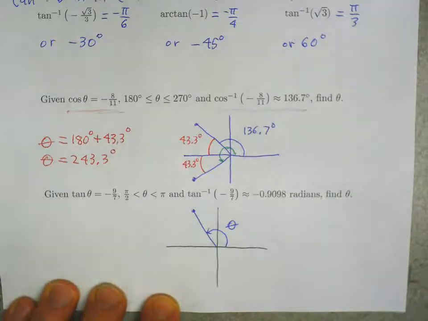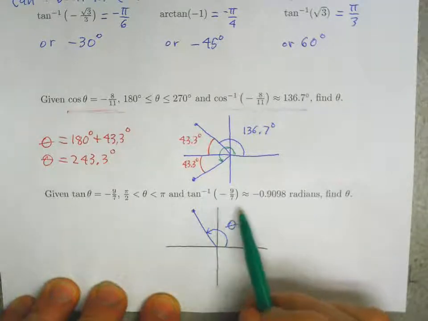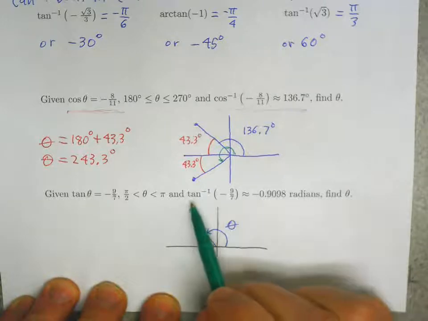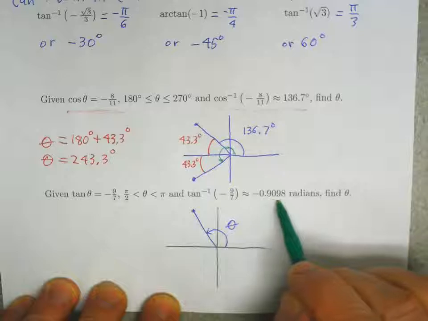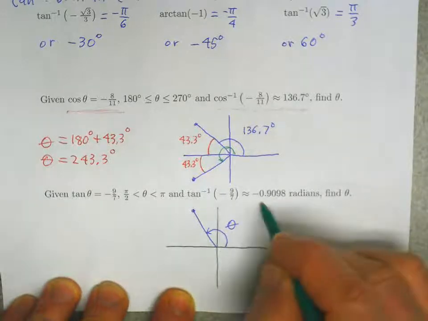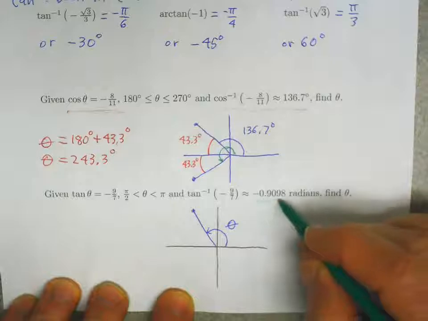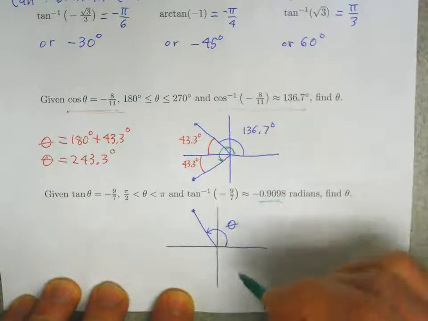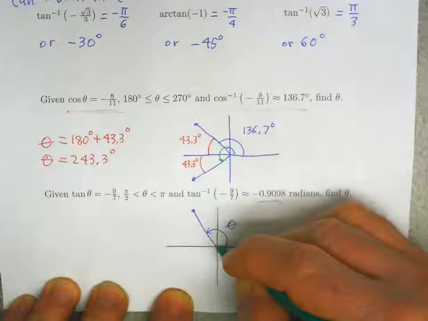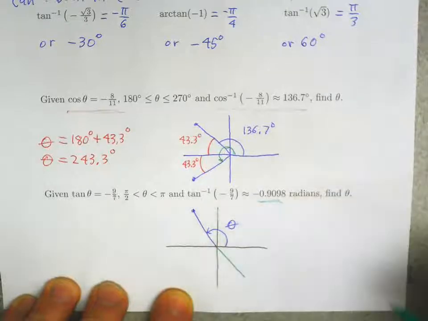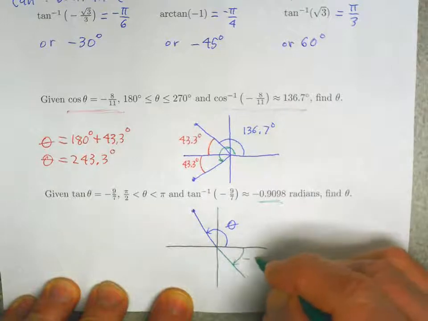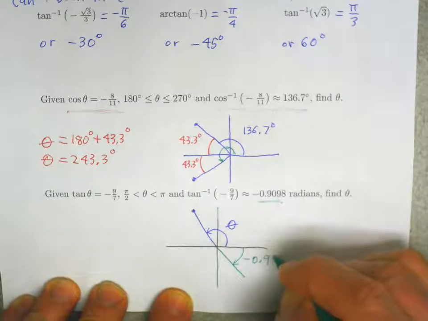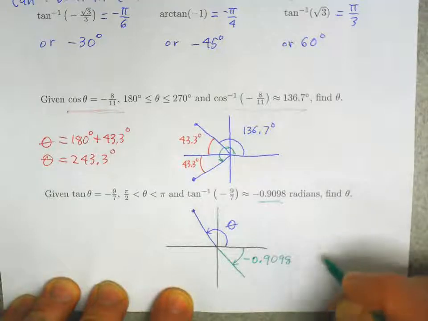But inverse tangent of negative 9/7 is negative 0.9098. So this angle, since it's negative, we move clockwise. And so this is the angle negative 0.9098 radians.